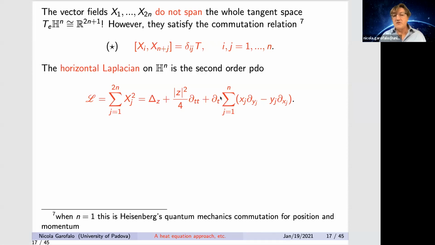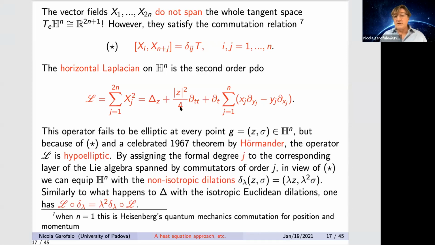So you have this partial differential operator in R^(2n+1). And this is going to be our Laplacian. Unfortunately, this operator fails to be elliptic at every point. If you compute the eigenvalues of the quadratic form, you see that one of them is identically equal to 0.